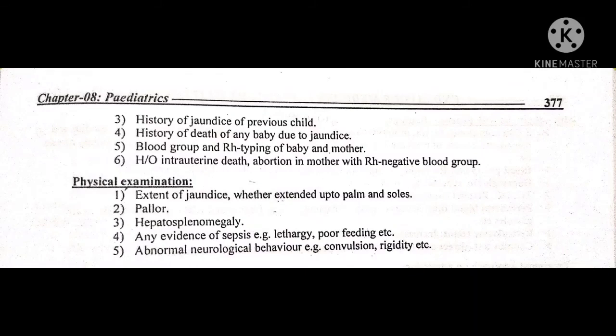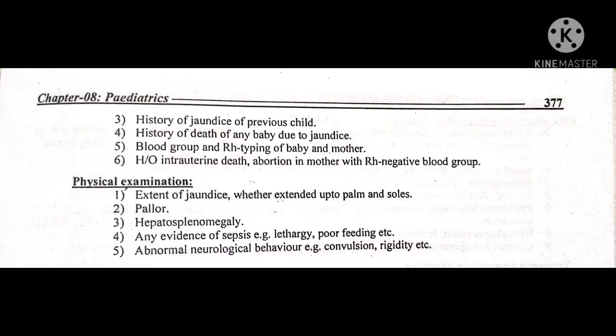How will you manage a case of neonatal jaundice? We should take the history first. From the history, we have to collect the data of age of the appearance of jaundice. We have to know the order of the pregnancy.